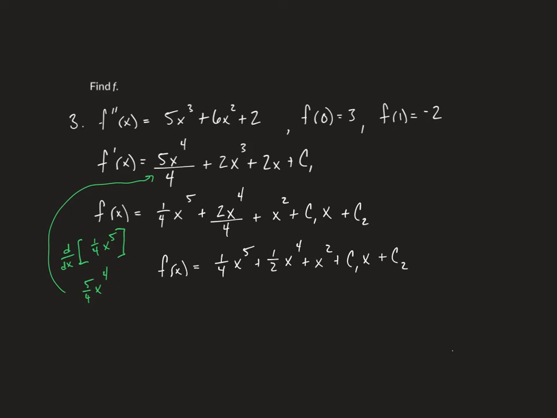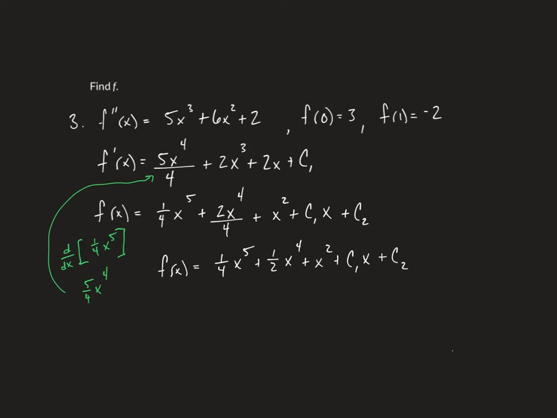But now we've got to use these initial conditions to help us figure out what those constants are. And I'm going to use this initial condition first because zeros are really nice. That's going to allow this to cancel, this to cancel, this to cancel, and this to cancel, which is what I need to happen because I want this first constant to go away if I'm going to have to solve for this second constant.